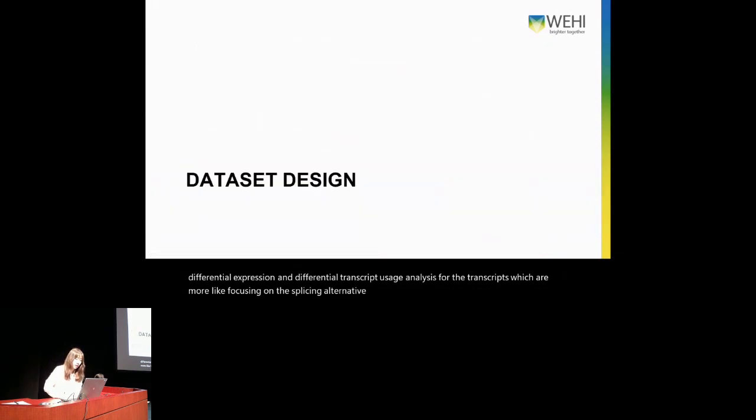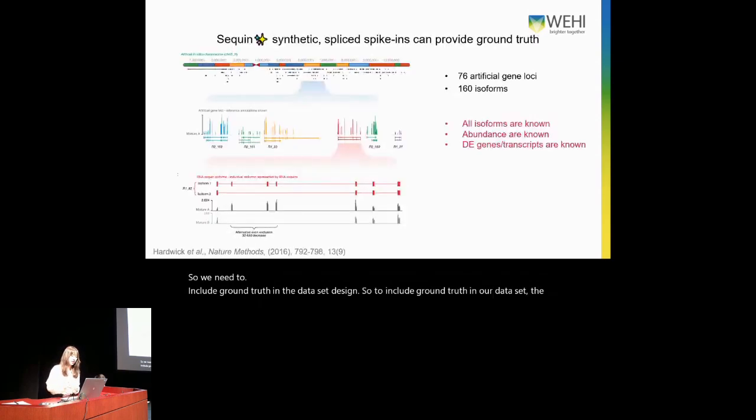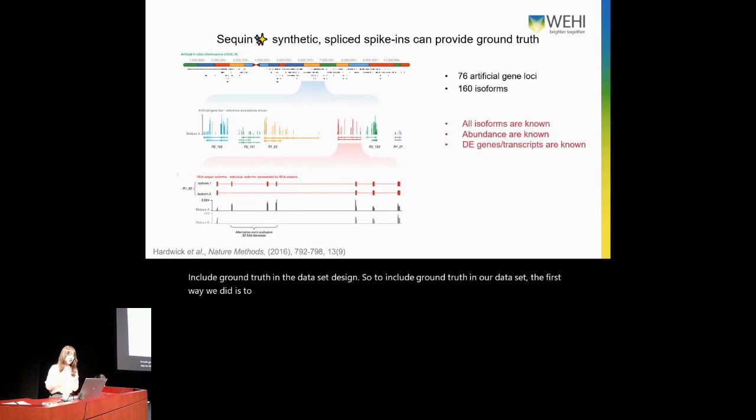Cool. To compare the methods, we need to use a specific dataset design to ensure there is ground truth, so that we can know what is correct, what is wrong, what is good, and what is bad. To include ground truth in our dataset, the first way we did was to use Sequins, which are synthetic spike-in RNAs from artificial genes.